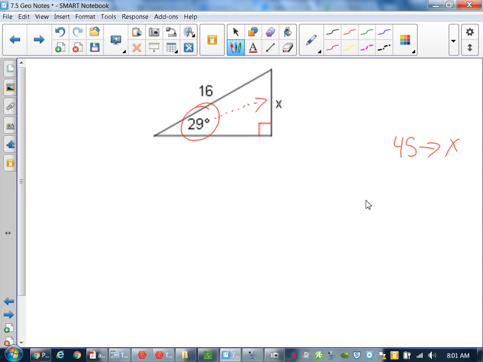That was the whole idea, because I was getting you guys accustomed to angles look at sides opposite them. So if you're at the angle, you're always looking opposite you to your side. So X is the opposite. 16 is the hypotenuse.